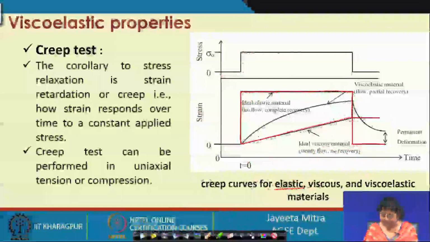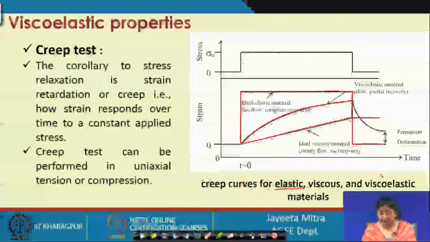Now, if it is a viscoelastic material, it has certain properties for which flow takes place, and also certain properties for which the elastic behavior will be visible. So, it will flow, but when we remove the stress, it will try to regain its initial condition.